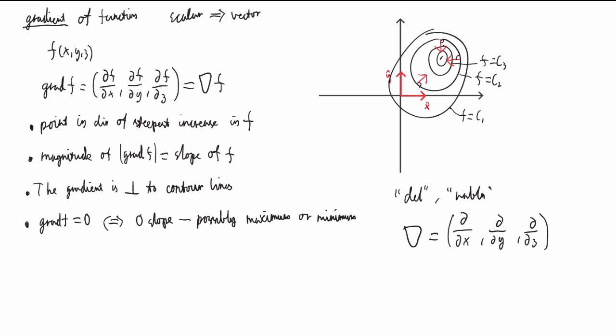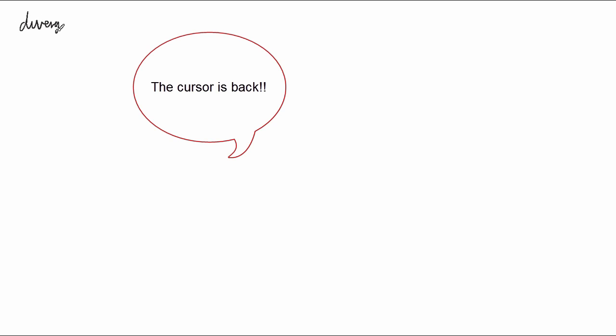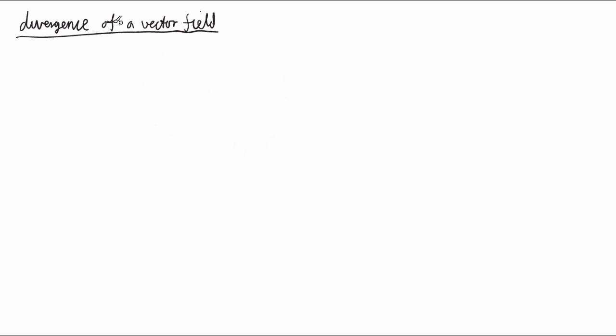So that's the gradient. That's probably the most useful of the differential operations we're going to perform on vectors, but the other ones are important too. And the next one is the divergence of a vector field. As you should know, this is an operation that takes a vector and turns it into a scalar.